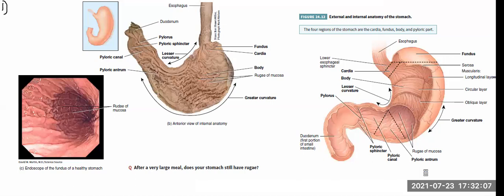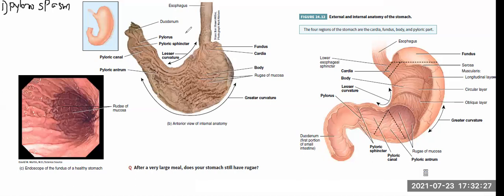The first condition we call pylorospasm. In pylorospasm, the sphincter muscles don't relax when food moves from the stomach to the duodenum.